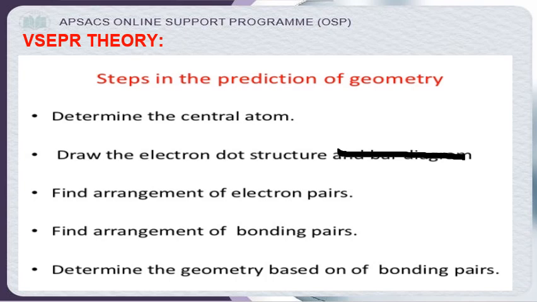Now the geometry of the molecule depends upon both the lone pairs and bond pairs. Their repulsion actually makes the geometry.